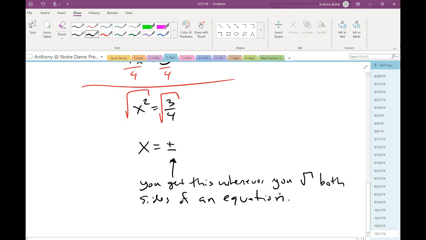So we get that plus or minus anytime we square root both sides of an equation. Everybody okay with that? Does that ring a bell? Okay.